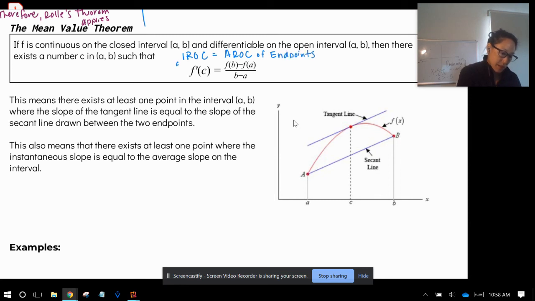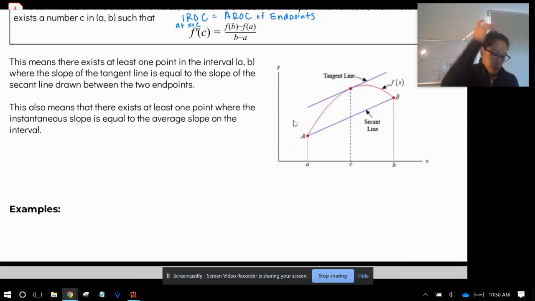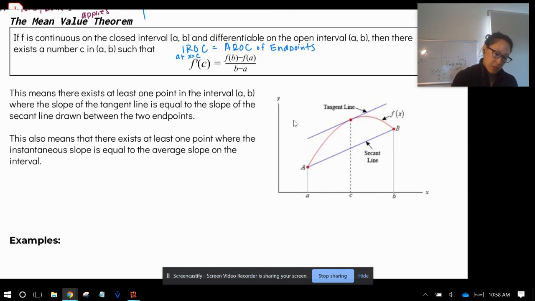So the IROC is equal to the AROC. That's mean value theorem. Here's a picture for you. So we have a closed interval between a and b.